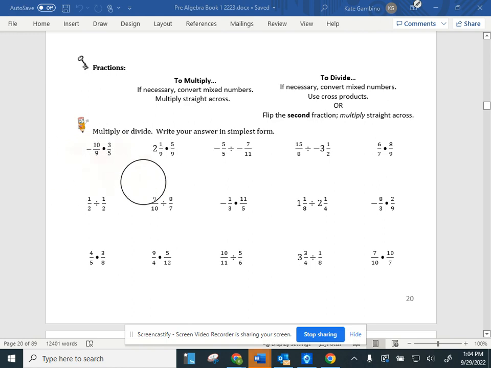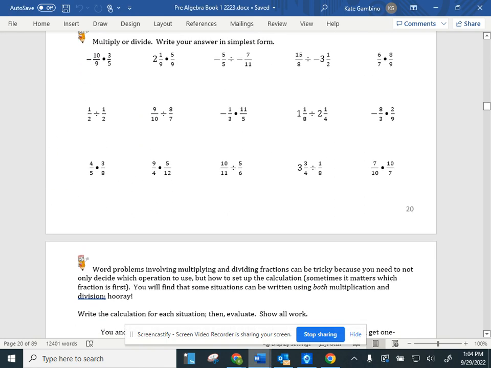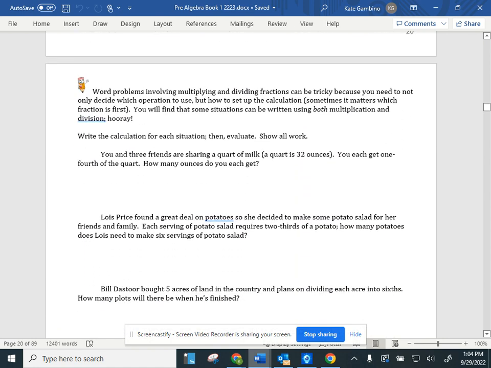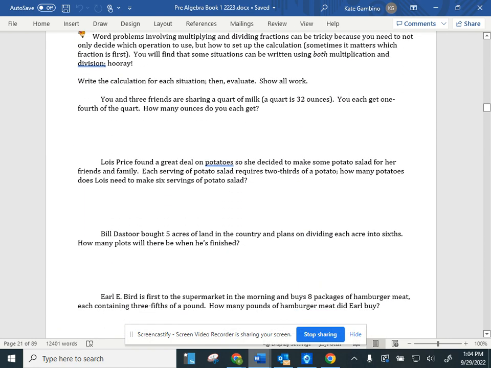Let's look at what else is on this page. Oh, we have another page. Oh, no. Word problems. Word problems involving multiplying and dividing fractions can be tricky because you need to not only decide which operation to use, am I multiplying or dividing, but how to set up the calculation.